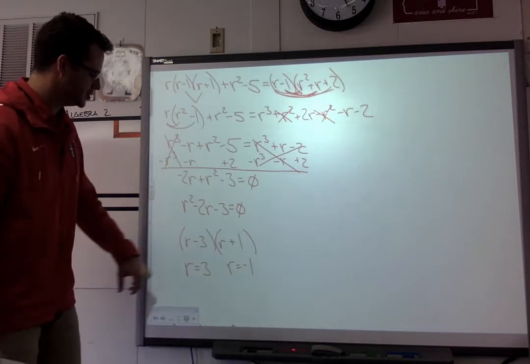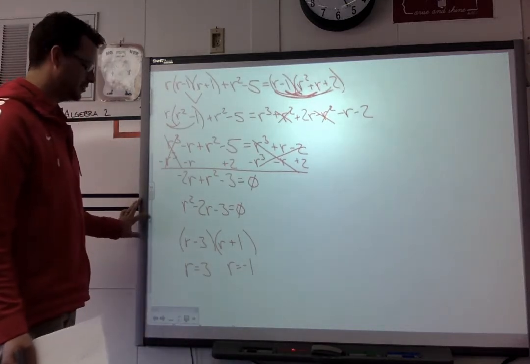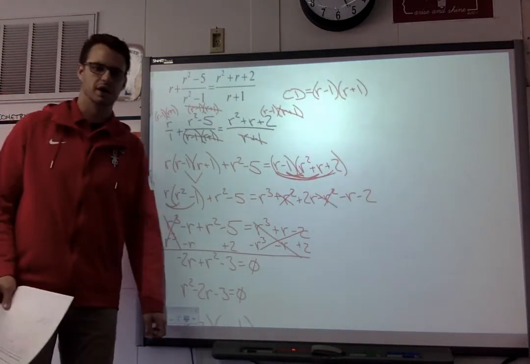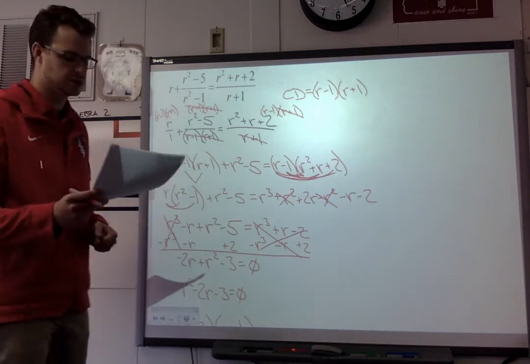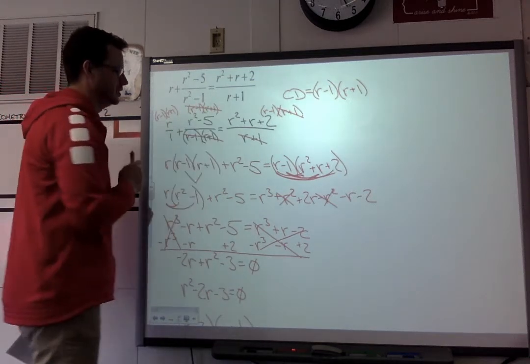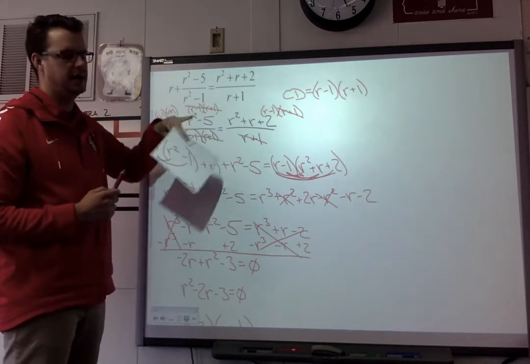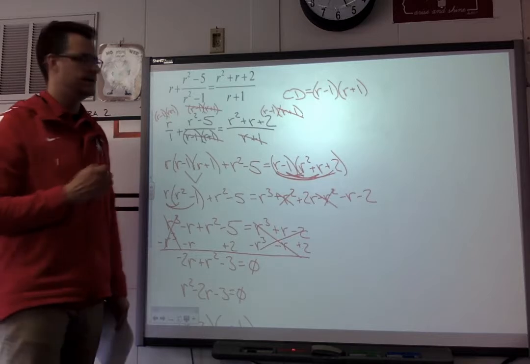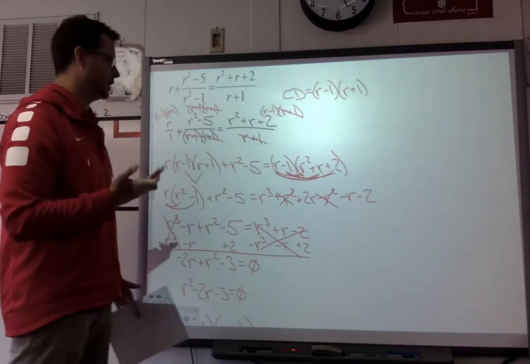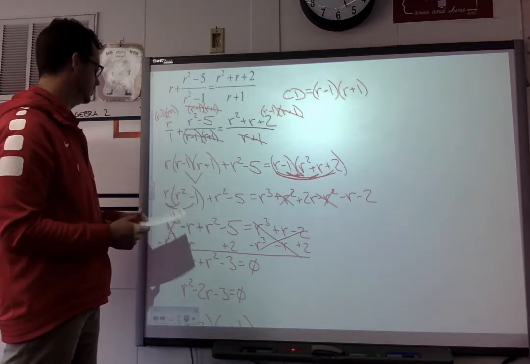We need to look at our two solutions of 3 and negative 1 and see, are there either of those that, looking at the original problem, will not work? The way that we can tell if a solution will not work here is by looking at the denominators. If there's a solution we come up with that would cause a denominator to be equal to 0, then we know that can't be an answer because it would come up with a solution that is not a real number.